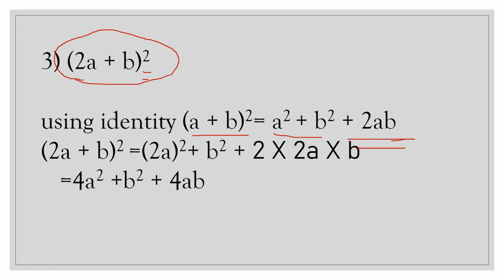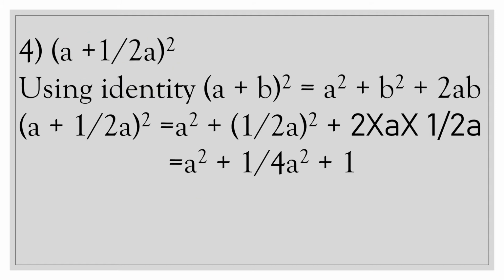This you have already learned. So (2a + b) whole square is equal to (2a) whole square plus b square plus 2 times 2a into b, which is equal to 4a square plus b square plus 4ab.